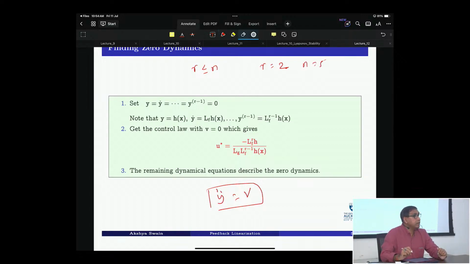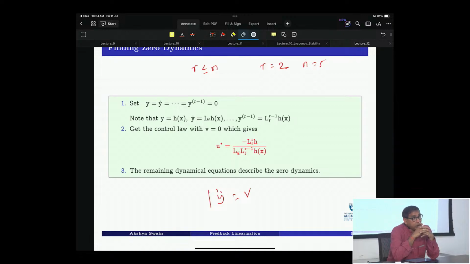The relative order is 2. That means by a control law you are getting y double dot is equal to v. That is a linear relationship between y and the new control input. Three more states are left, because the system dynamics is fifth order.